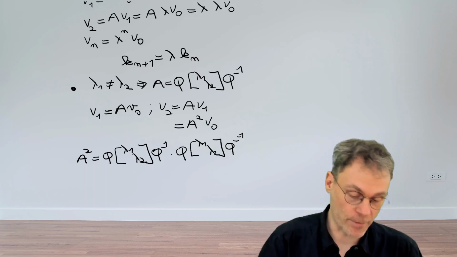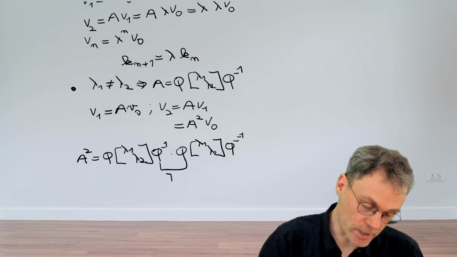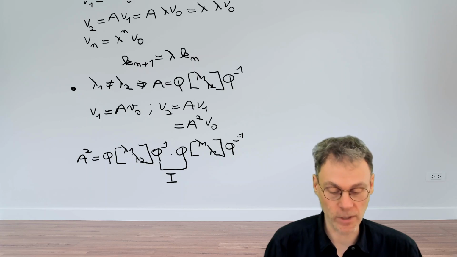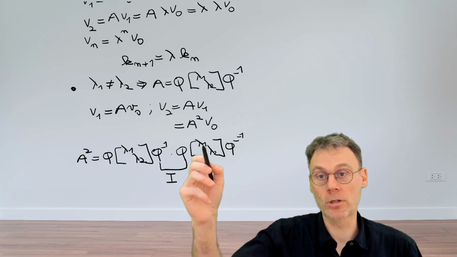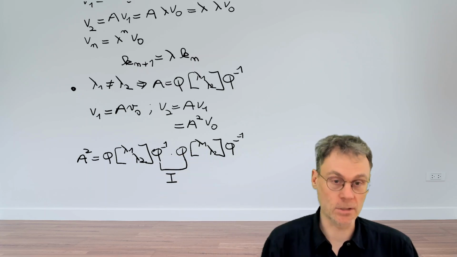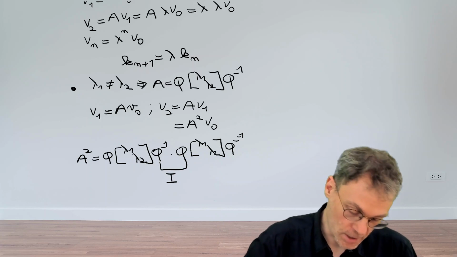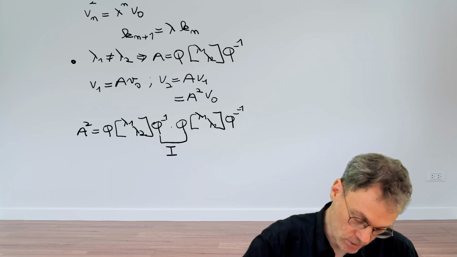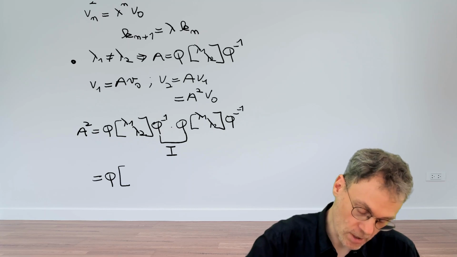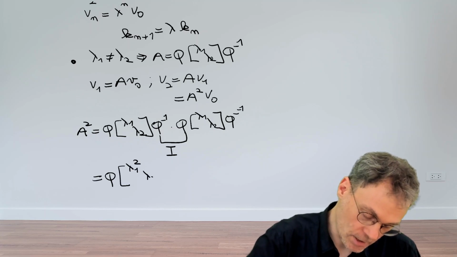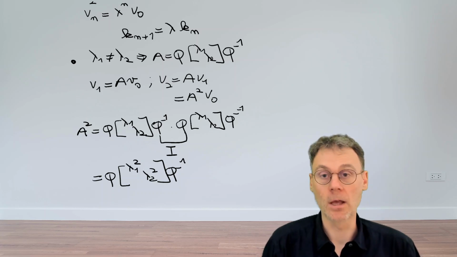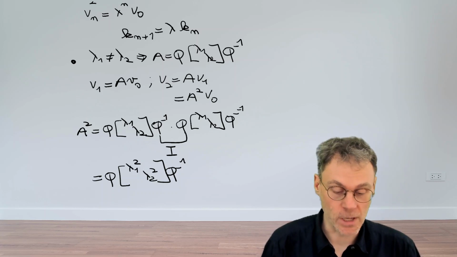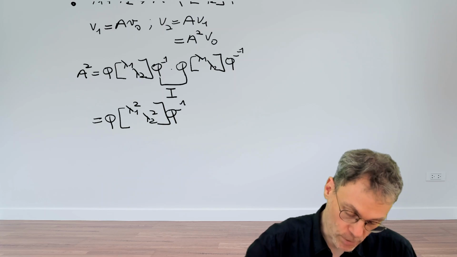And now something fun happens: these guys over here cancel, they give you the unit matrix. And the product of these two diagonal matrices is also very easy to calculate. So in the end, you end up with Q diag(lambda 1 squared, lambda 2 squared) Q minus 1. So this decomposition makes it very easy to raise matrices to arbitrary powers.